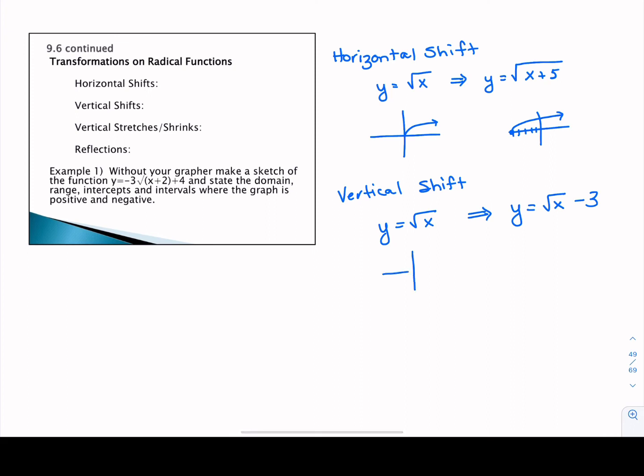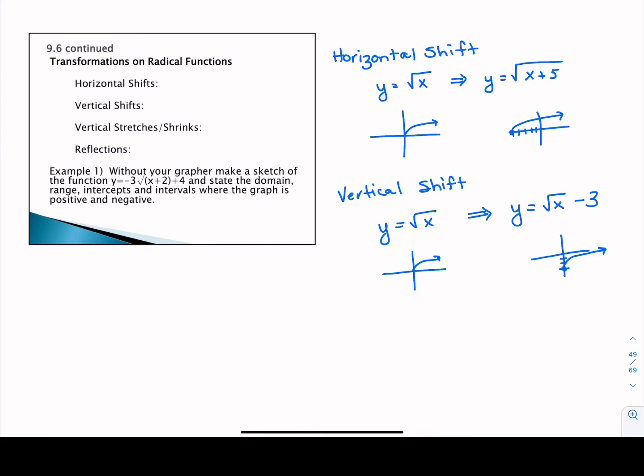So once again, if we graphed root x, we know that's the eyebrow shape, but the square root of x all minus 3 means we're going to move that shape 3 units down from its original position. So instead of starting at (0, 0), we're now starting at (0, -3). So again, we can draw that shape and it behaves the same way as the original function.